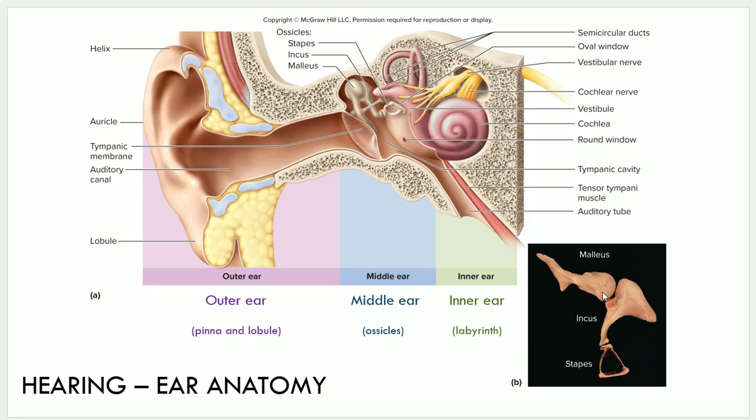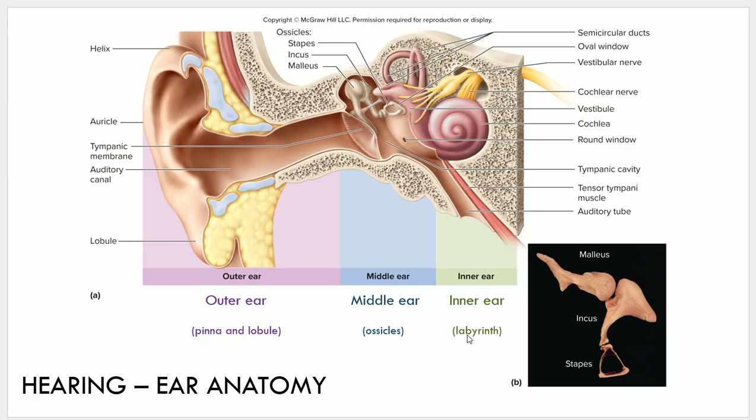Know these. Know that the stapes is the stirrup, the incus is the anvil, and the malleus is the hammer. Malleus, hammer; incus, anvil; stapes, stirrup. You will be asked.